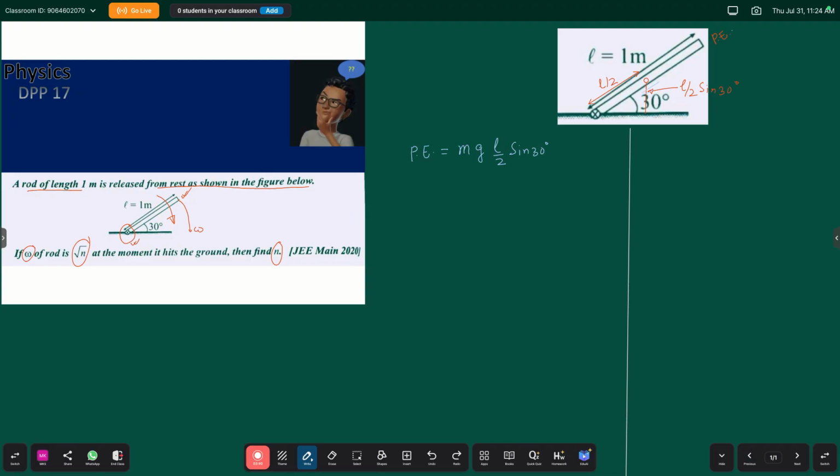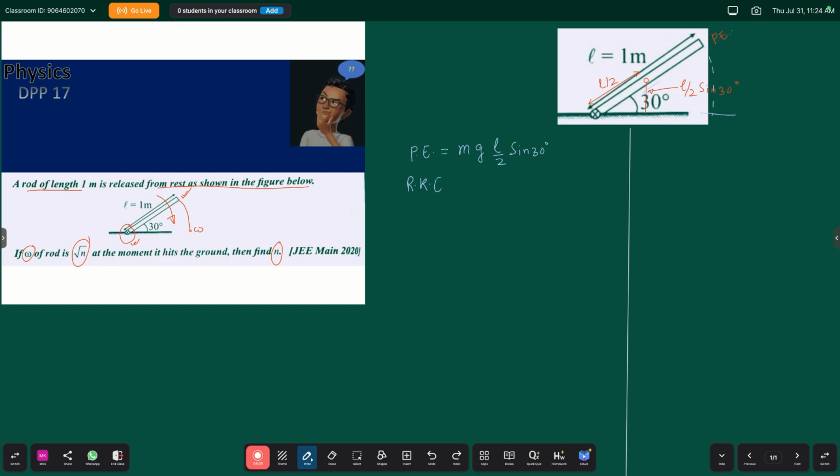Now when the rod hits the ground, it has achieved angular velocity omega. So it means it is having the rotational kinetic energy when it is hitting the ground.